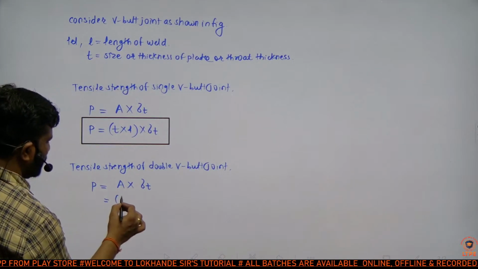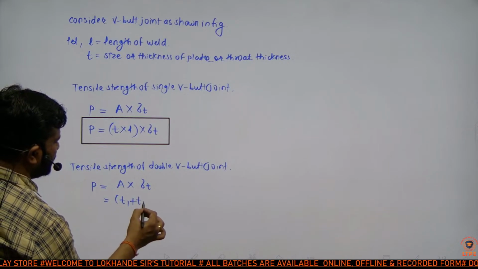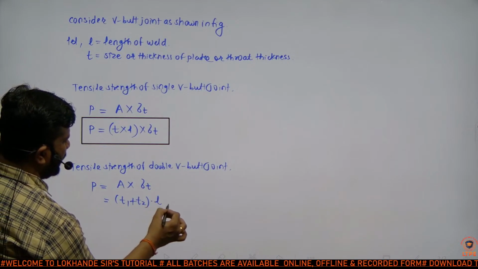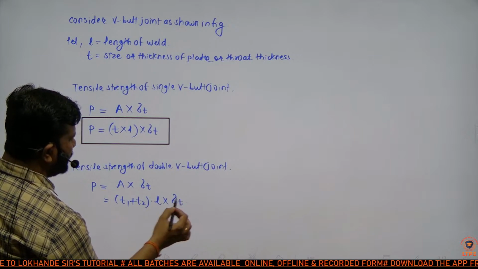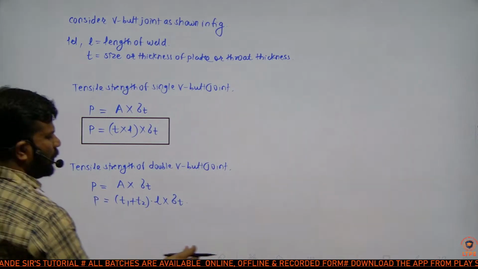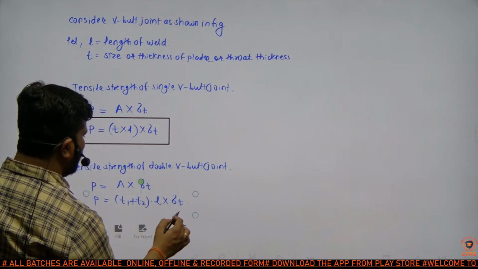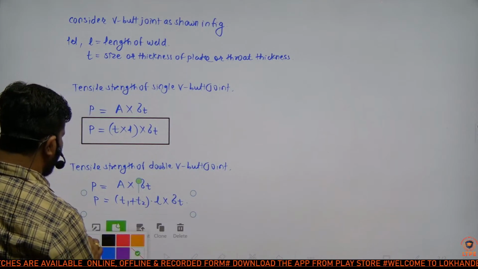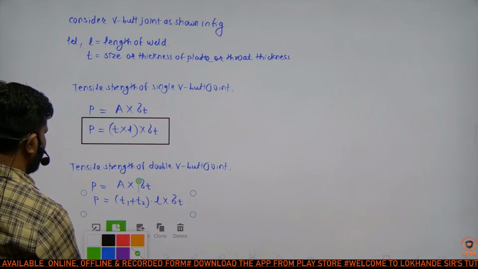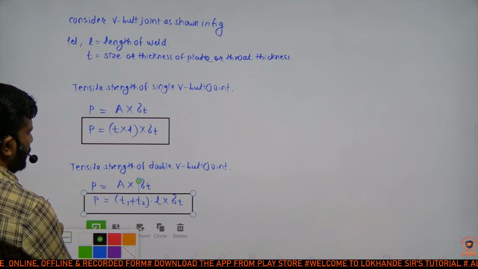So here, thickness is T1 plus T2 into L, length of weld, into sigma T. This is the formula to find the tensile strength of double V butt joint.